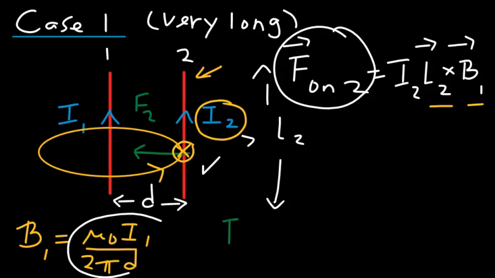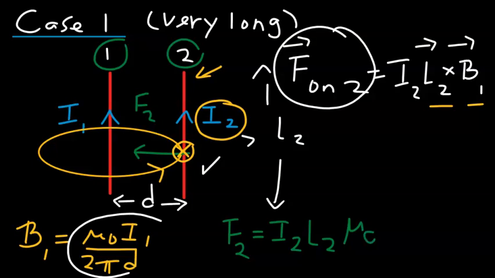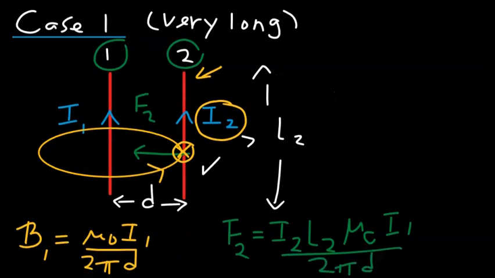The magnetic force F2, namely the magnetic force on conductor 2 due to conductor 1, will simply become I2 L2 B1. B1 is given by mu naught I1 over 2 pi d. Now, since L2 is very long, it's a very large number, it's more convenient to talk about force on conductor 2 per unit length.